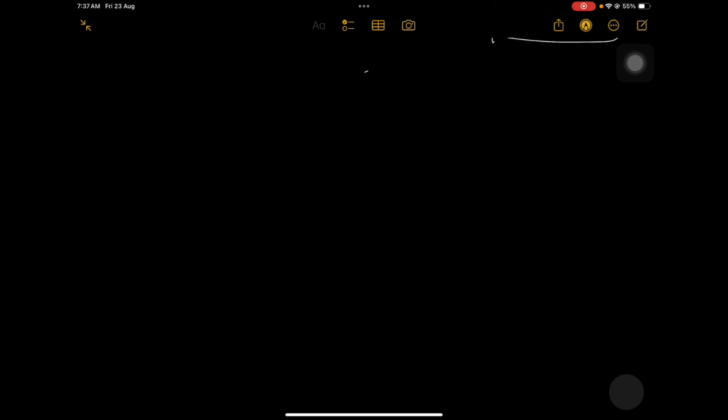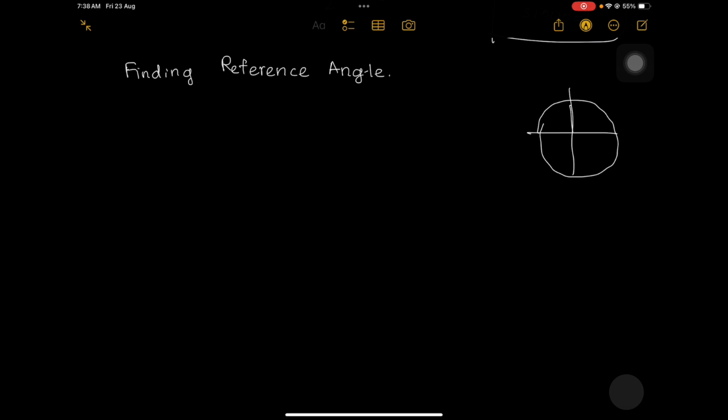The next part is going to be a very interesting part, finding the reference angle. So far we have learned the sine and cosine values of angles in the first quadrant of a circle, like 0 to 90 degree.